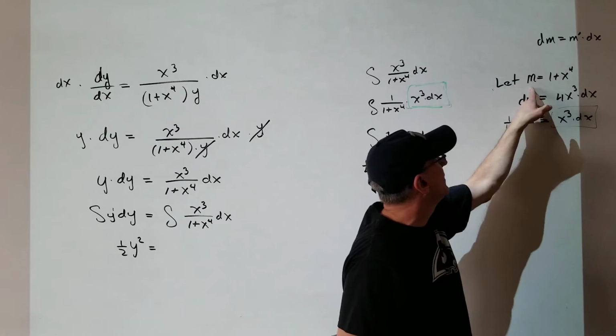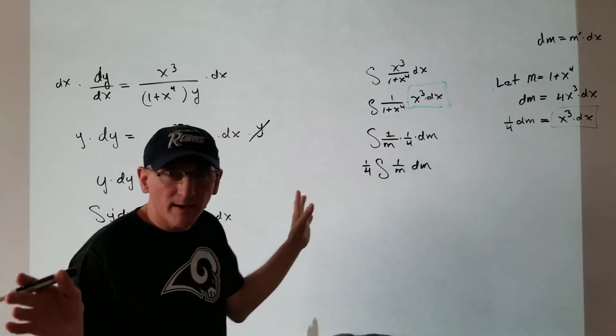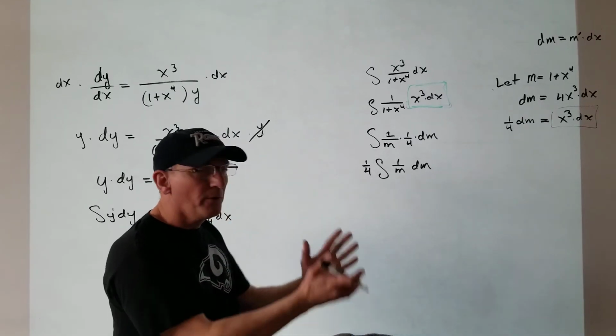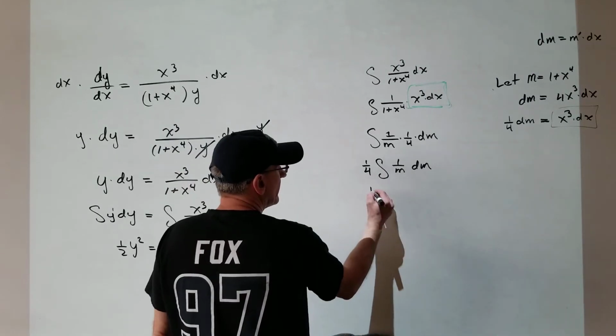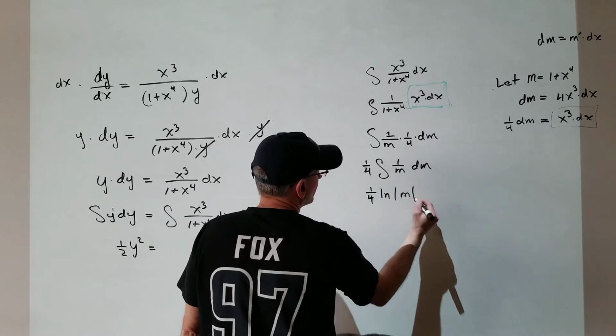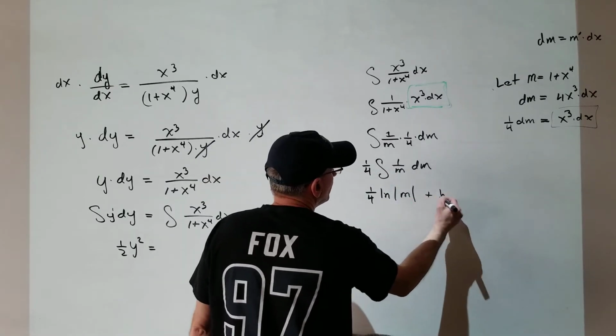Since these are equal, m can take the place of that. The goal was to get rid of all x's, all x differentials, and just go into a whole new variable. And I'm there, and I'm ready to do the antiderivative, and it's natural log of the absolute value of m, plus a constant.